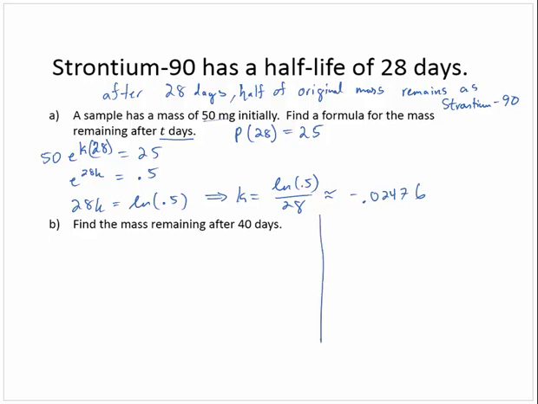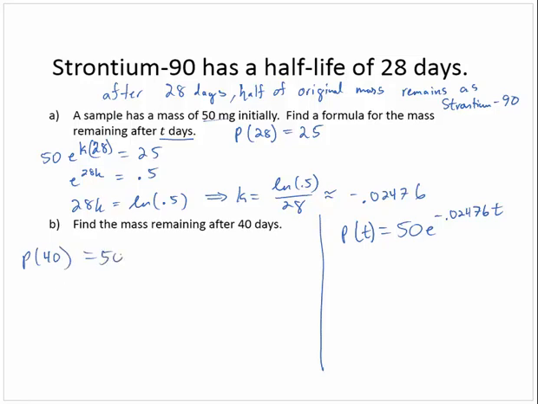So then I could write then that P of t is 50 e to the negative 0.02476 t. Find the mass remaining after 40 days. Well, that's just P of 40.